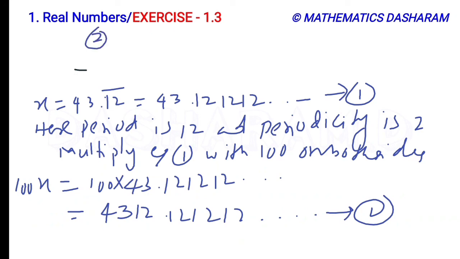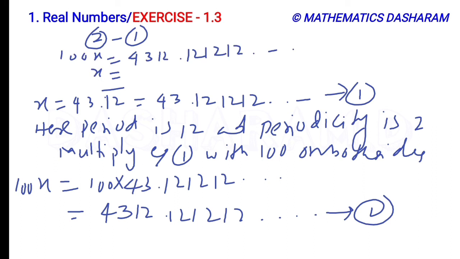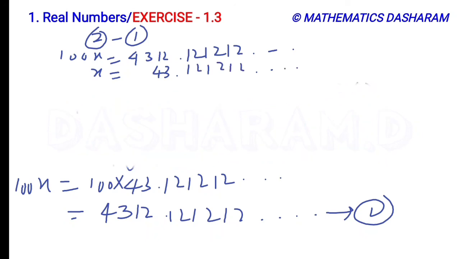Now equation 2 minus equation 1. Equation 1 is here 43.121212 dash. So let's do the minus. 100x minus x is 99x, and here first start with the last digit, 0 0 0 0.